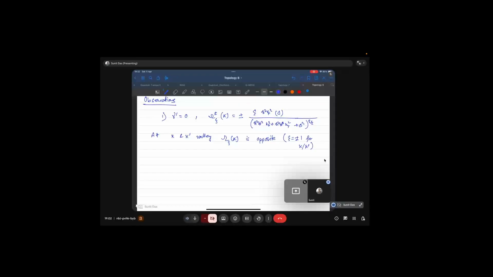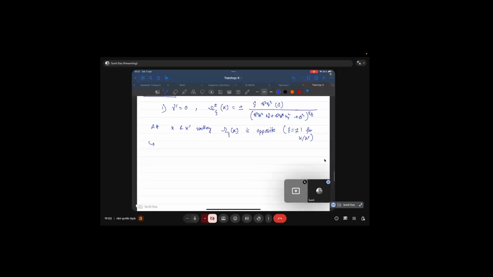So what this really means is that the total Berry curvature, considering both k and k prime, sums up to 0. This is always the case for any material, actually, when the time reversal symmetry is preserved.